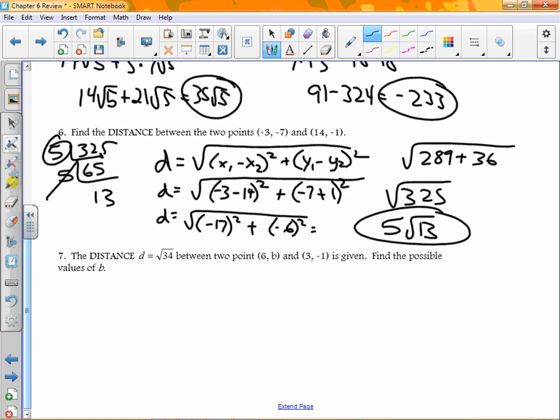If I wanted to check it, if I plugged the square root of 325 into my calculator, it would give me a decimal answer. Let's see if we can figure out what the decimal answer would be. 18 times 18 is 324. 19 times 19 is 361. So somewhere between 18 and 19.